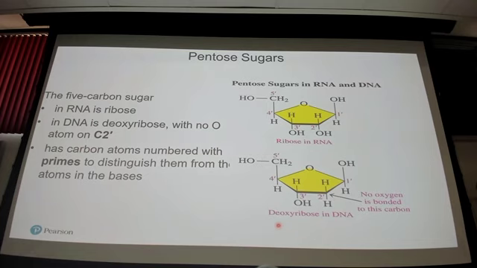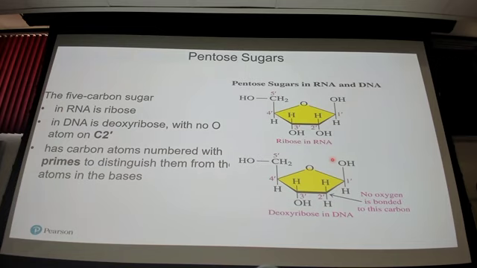So hence the name deoxyribose. Now RNA does contain that oxygen group on the 2' carbon. So that's another difference between DNA and RNA.